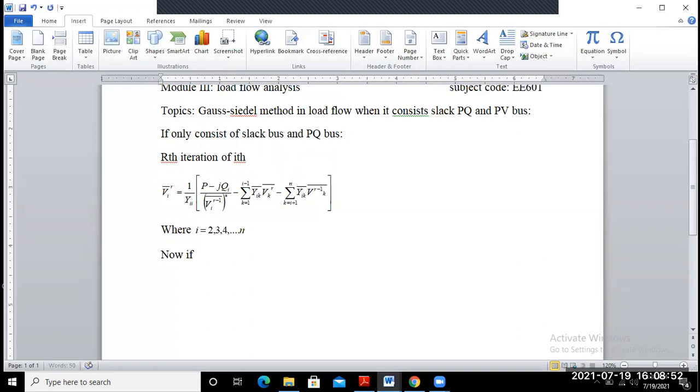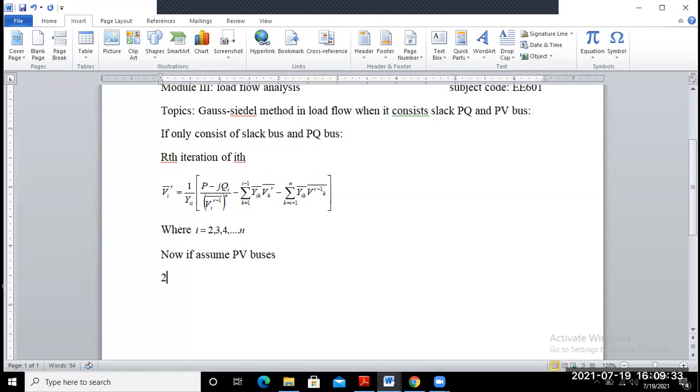Now, if we assume PV buses, we can write from I equal to 2 to m consist of PQ buses, and from m plus 1 to n consist of PV buses. Okay.